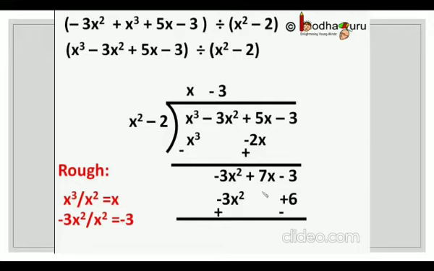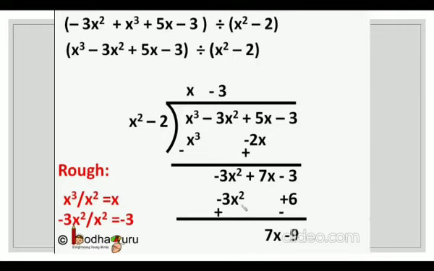Now we subtract: minus 3x square plus 3x square becomes 0. Minus 3 minus 6 will become minus 9, and 7x comes down. So we get 7x minus 9 as the remaining dividend. The degree of 7x minus 9 is 1, whereas the degree of the divisor is 2, x square.